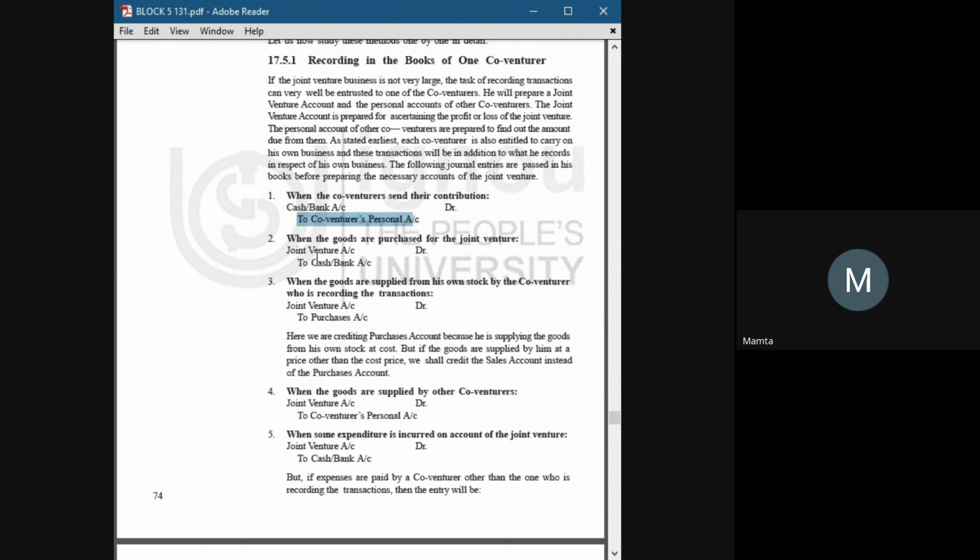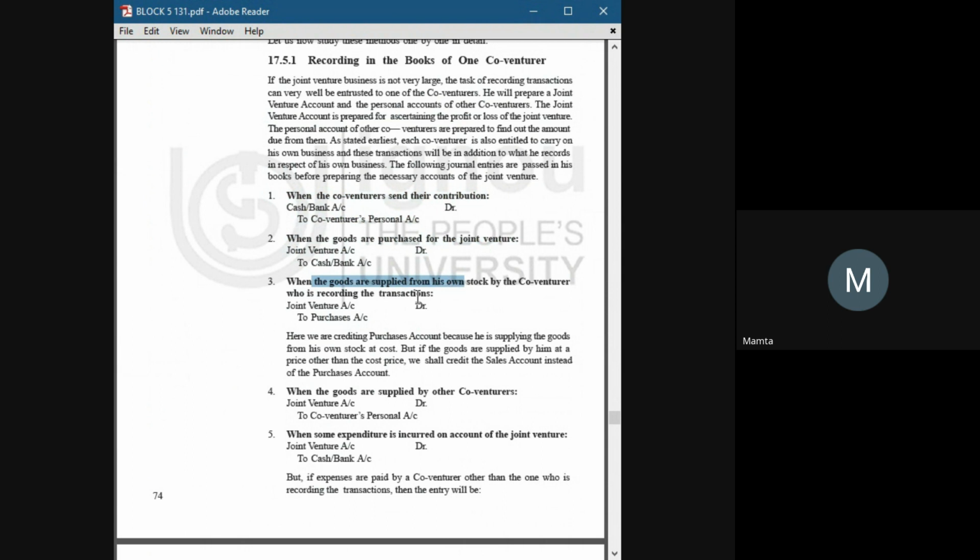When goods are purchased for the joint venture, joint venture account debit to cash or bank account. And the goods are supplied from his own stock by the co-venturer who is recording the transactions, meaning B.